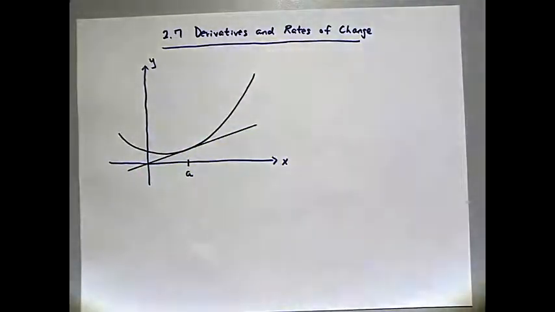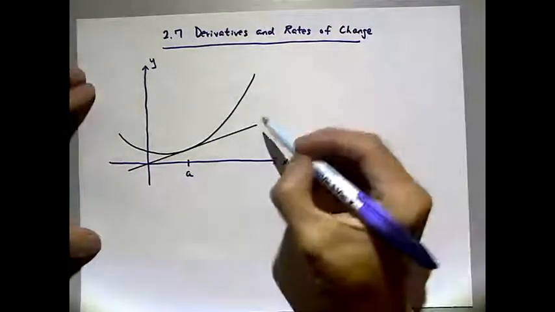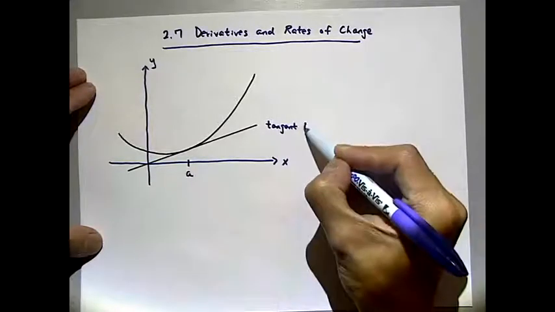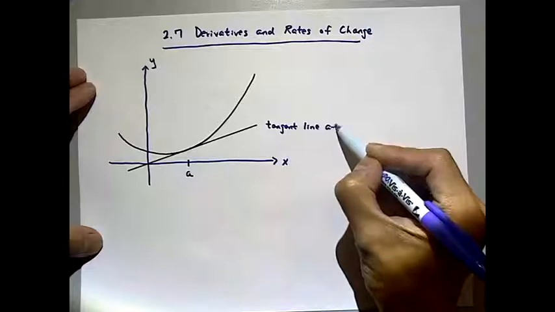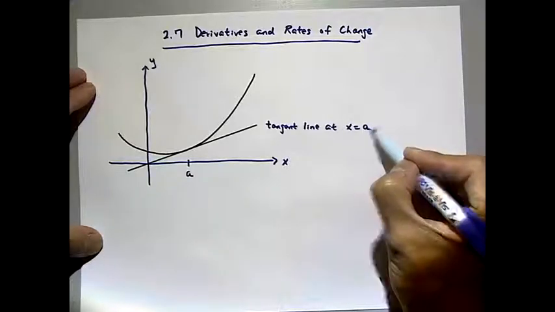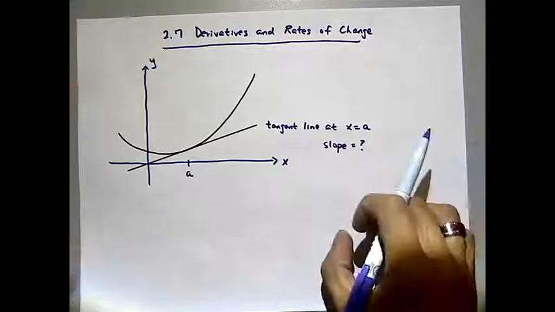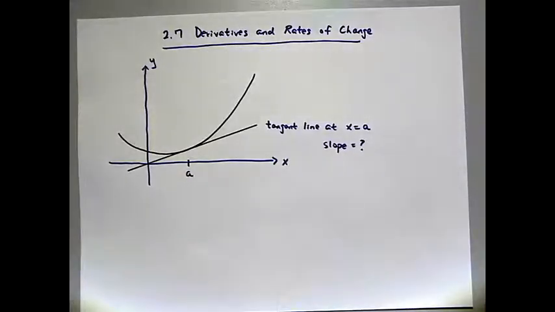So that green line right there. Okay, we'd like to find out what the slope is. And because the slope can tell us a lot about the function, and there are many, many applications using the slope. So that's the ultimate goal here.